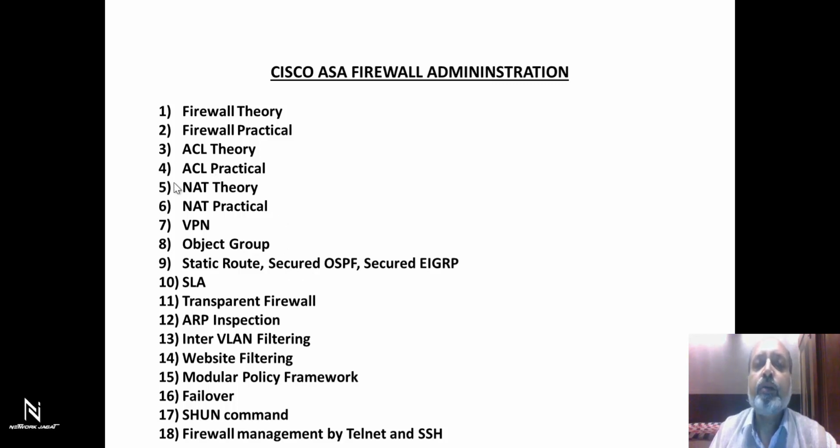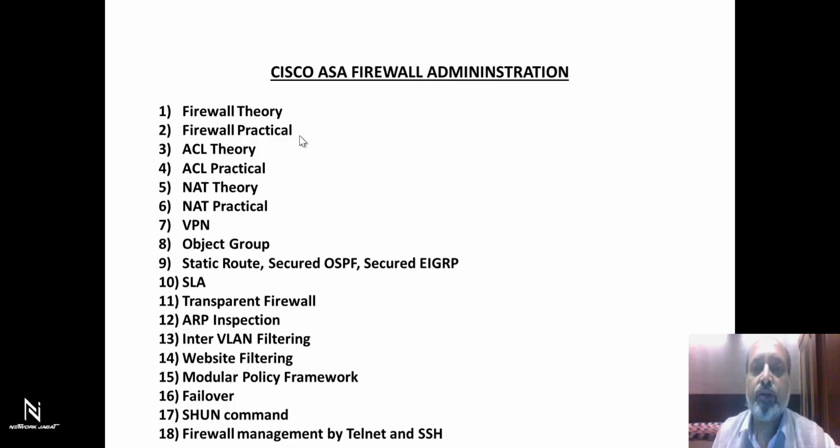So let me first tell you the significance of these topics. Firewall theory and firewall practical, obviously we must learn them, because in these areas we discuss the most fundamental features of any firewall, right? Every firewall, be it coming from Cisco, or Palo Alto or FortiGate, whatever be the case, has certain features which are common.